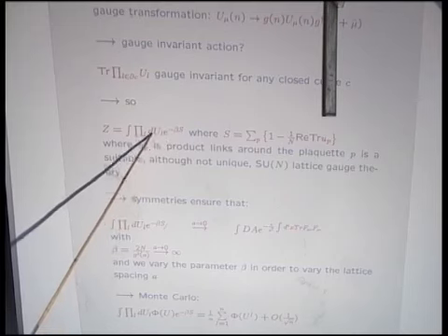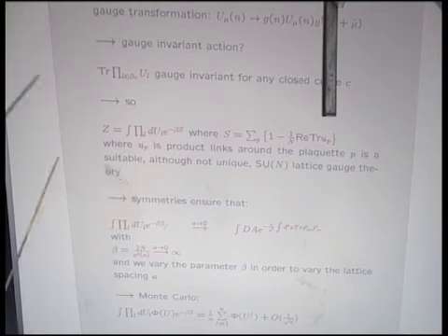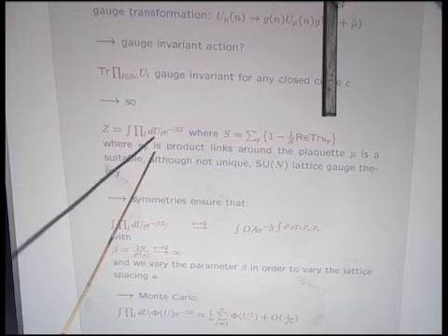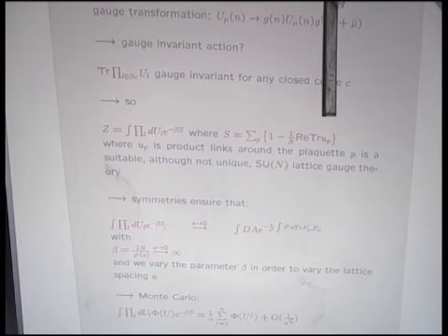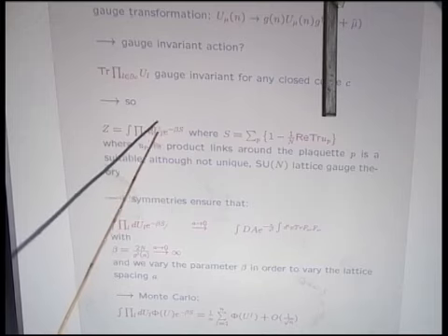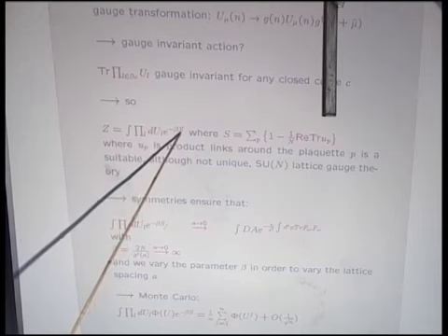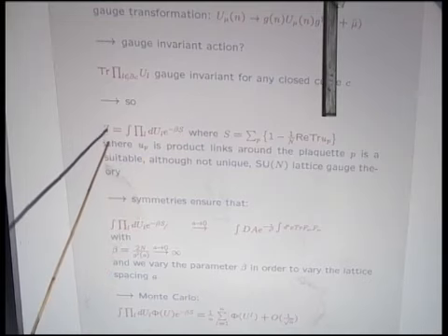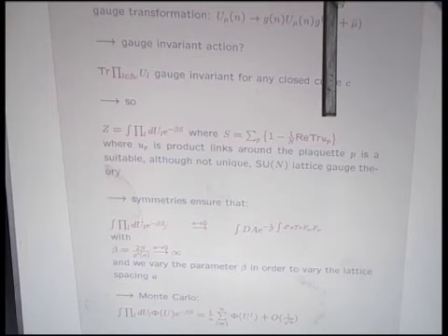And we integrate using the standard Haar measure for the group, which has the natural properties of a measure that you would want. With the Haar measure, we integrate over the group elements on each link, and we weight them with this exponential. And that's our Euclidean Feynman path integral on the lattice.